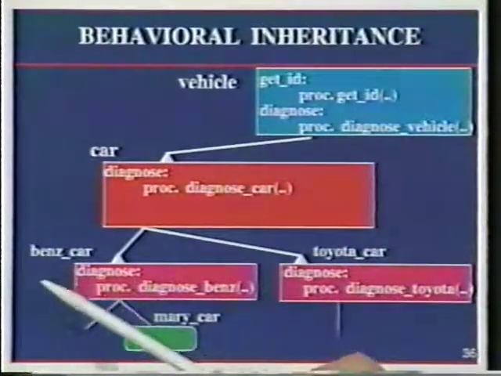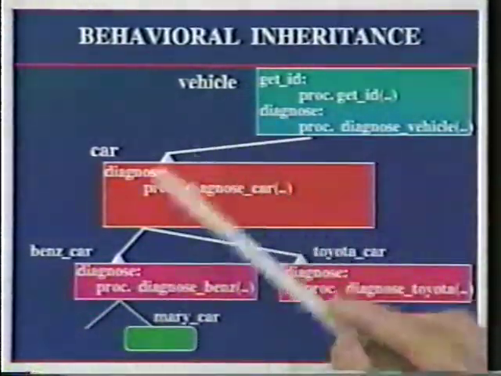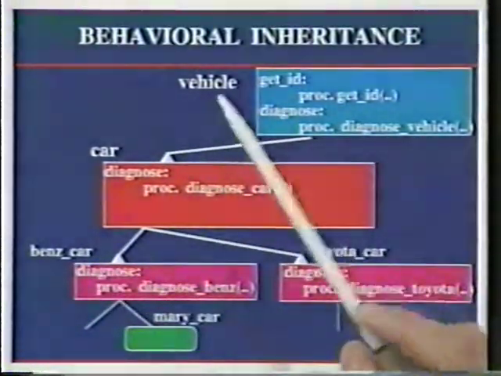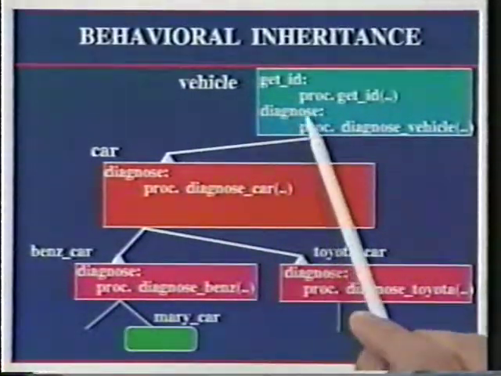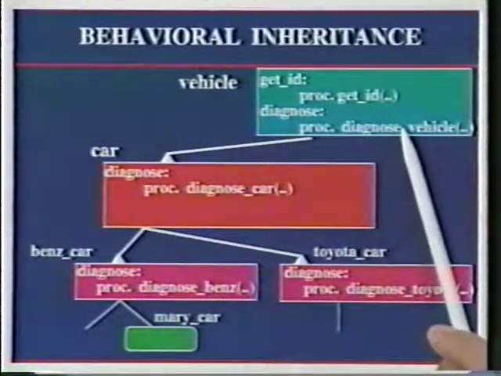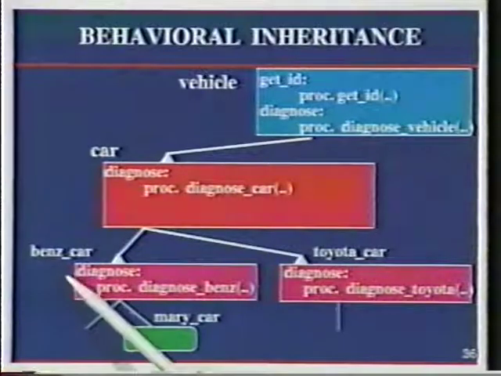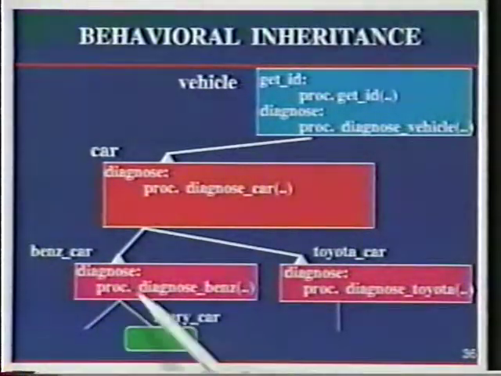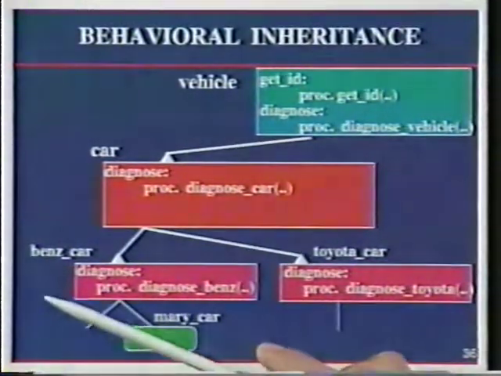One thing you need to note in here is that this is how we have implemented the polymorphism process, where if you send a message called diagnose here, the procedure diagnose vehicle gets invoked, and then when you send a message to BENZ CAR, the procedure diagnose BENZ gets invoked.